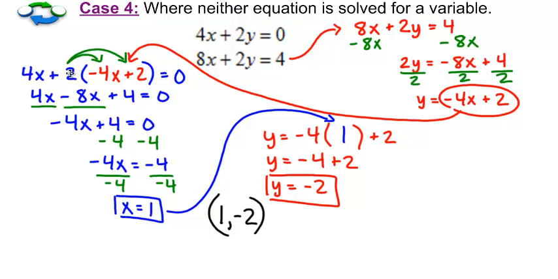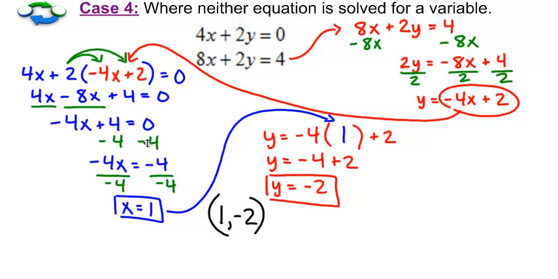From here, we have to distribute our 2. So 2 times negative 4x gives us negative 8x, and 2 times 2 gives us 4. Our equation now reads 4x minus 8x plus 4 equals 0. From there, we combine like terms. 4x minus 8x gives us negative 4x plus 4 equals 0.